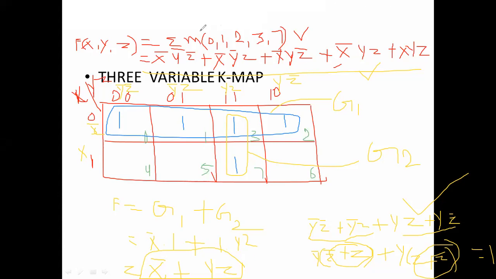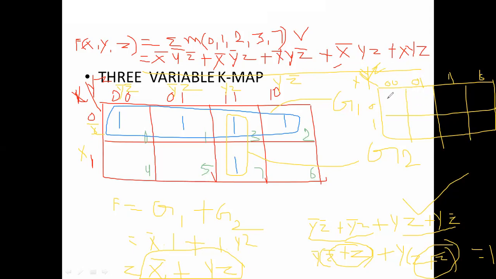Suppose you are taking the groups like this. x, y, z, 0, 0, 0, 1, 1, 1, 1, 0, 0, 1.